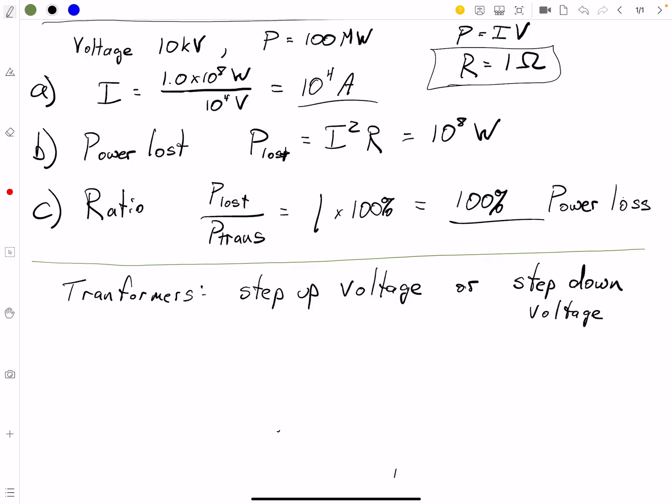Just on a side note, I told you that we could do the same thing with direct current. It's the same power loss. All that stuff is the same. But with DC, if we need to step up or step down, DC transformers are expensive.